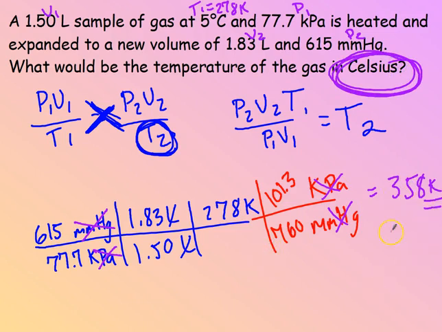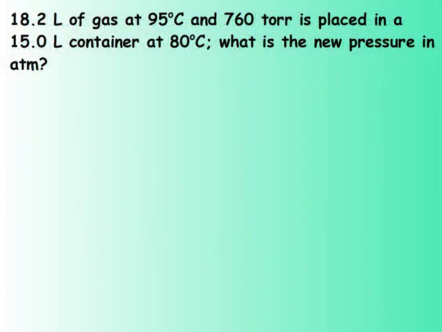So to go from Kelvin to Celsius, I'm going to subtract 273, and I get 84 degrees Celsius. And there's my answer right there. Or you should try pausing the video and try doing this one by yourself.